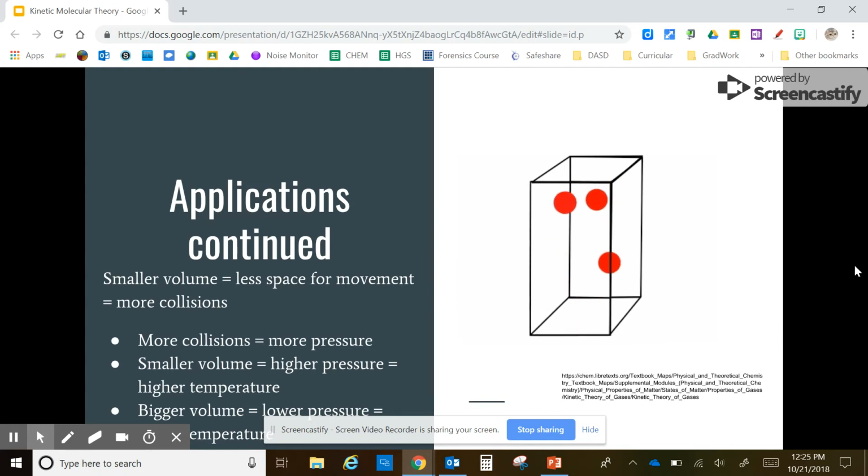So when you take chemistry, either next year or the year after that, you're going to see that these relationships have a mathematical law relationship explaining how the volume and the pressure are related numerically. Right now, we're talking about it in terms of a theory, so we're looking at it more qualitatively versus quantitatively. So in the lab that you're going to be doing, you're going to be applying this information and trying to understand how temperature, pressure, and volume are all related to one another.